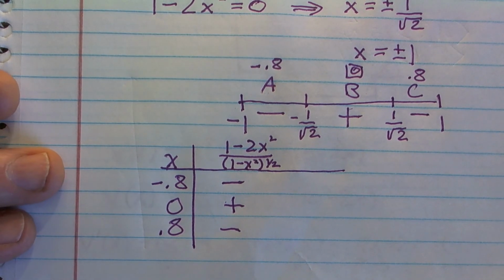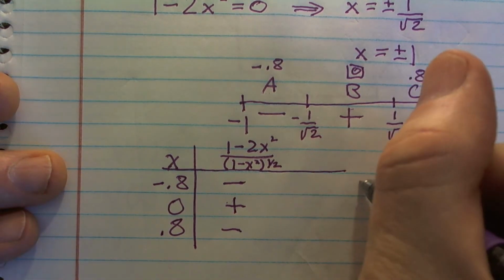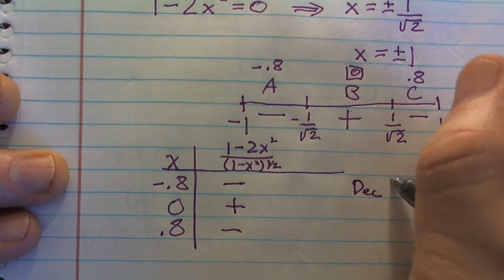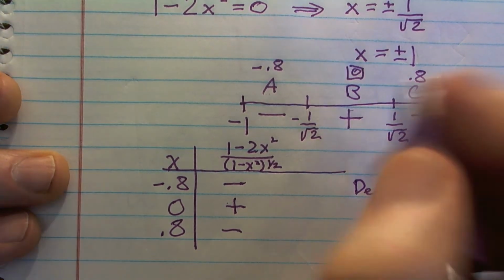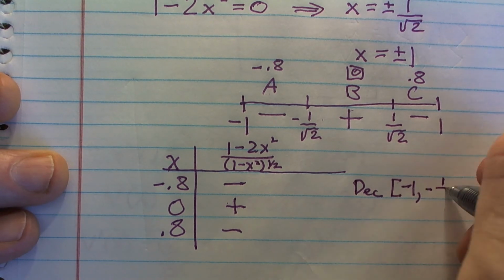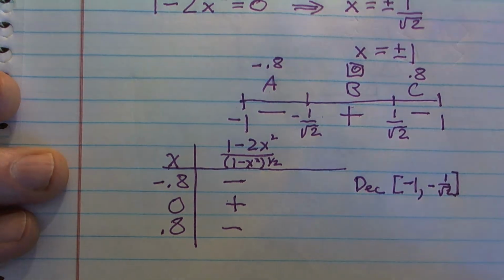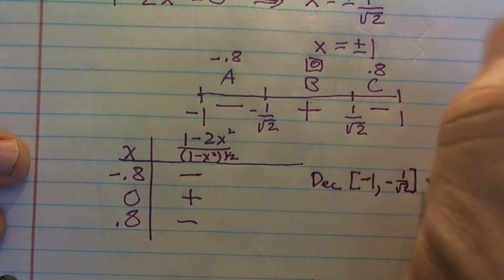What we found out with this function is that it is decreasing from negative 1 to negative 1 over the square root of 2. That's where it's decreasing.